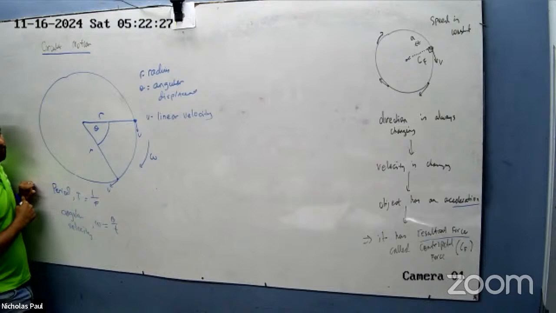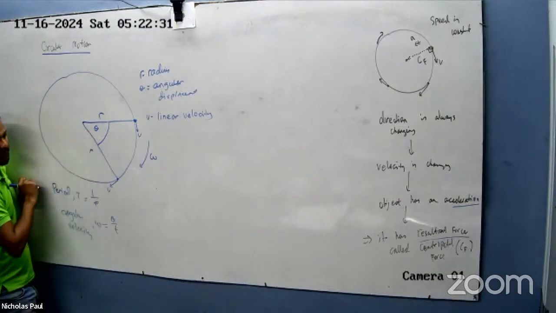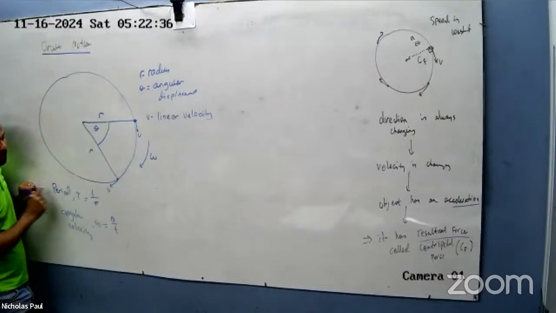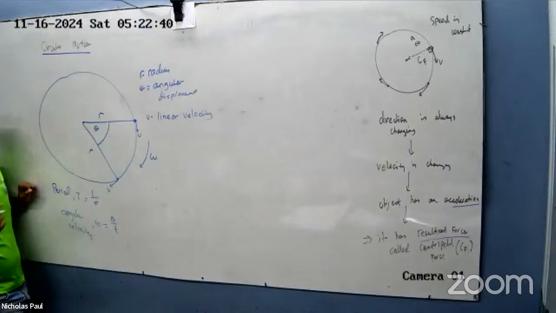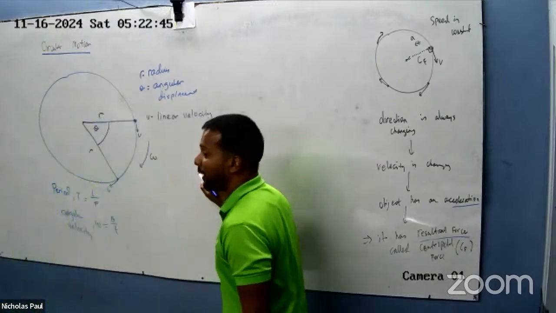What would theta be if we complete one whole cycle? If we complete one whole cycle, theta is what? 360 degrees or in radians, 2 pi, right?